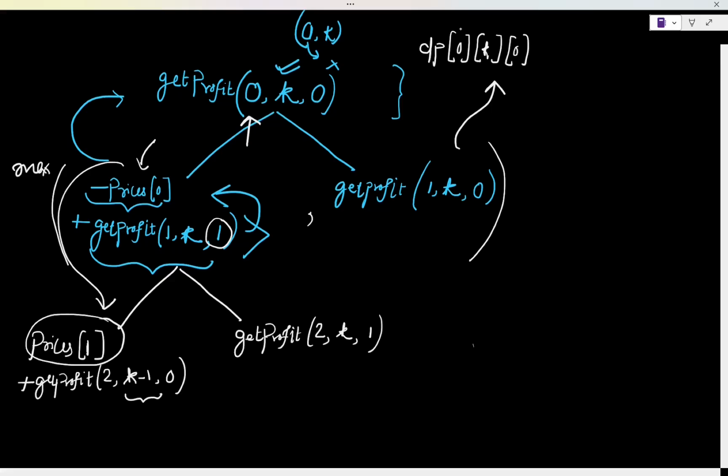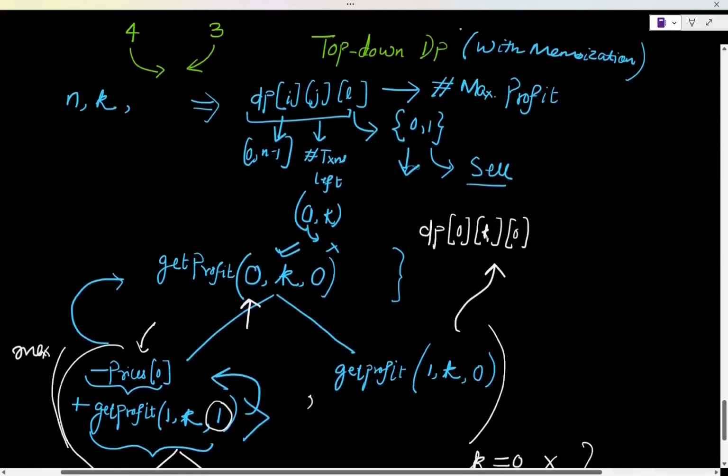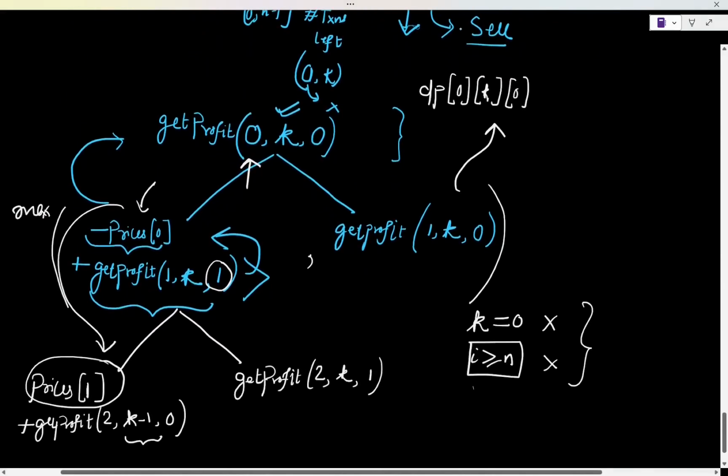And the base cases for this problem will be something like when k becomes 0, we'll have to stop, or if the given index that you are at, so i, is greater than or equal to n. We are starting from 0, right? So if it is greater than or equal to n, then also we stop. So these can be the base cases for us to break out of this top-down recurrence solution.